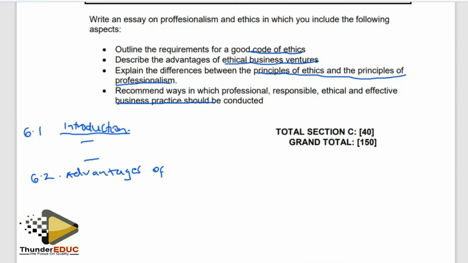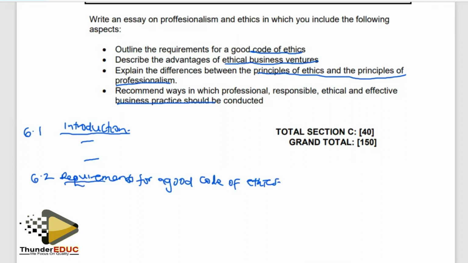The first question should be, we are talking about requirements for a good code of ethics.